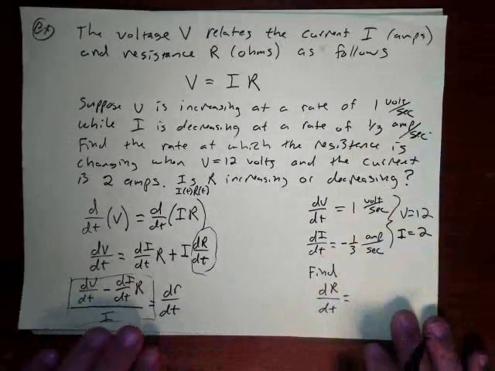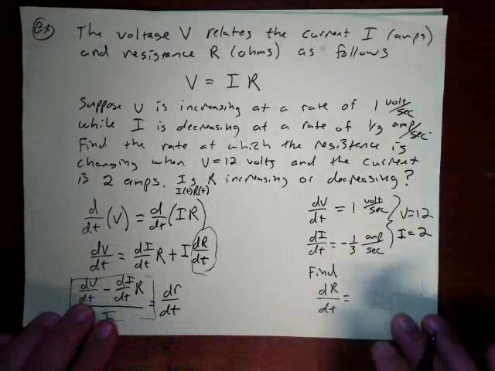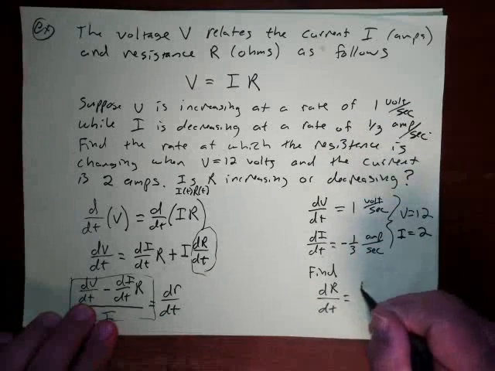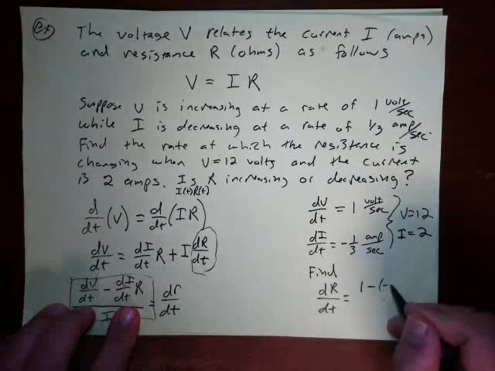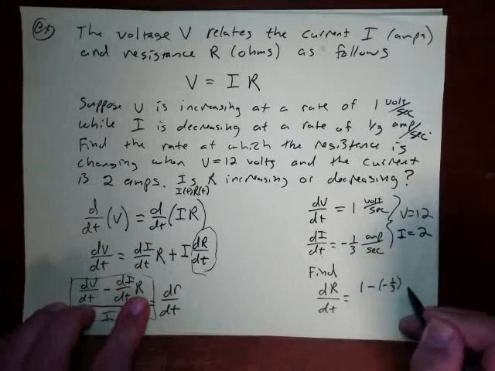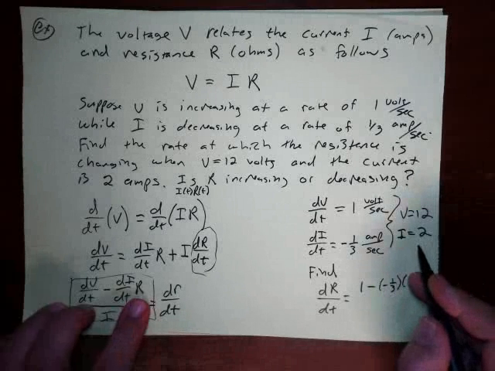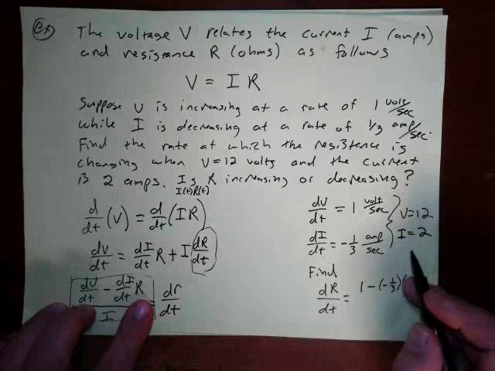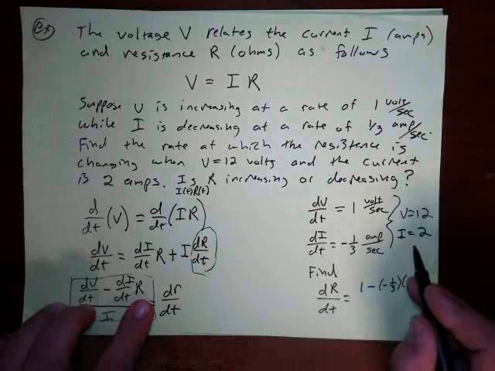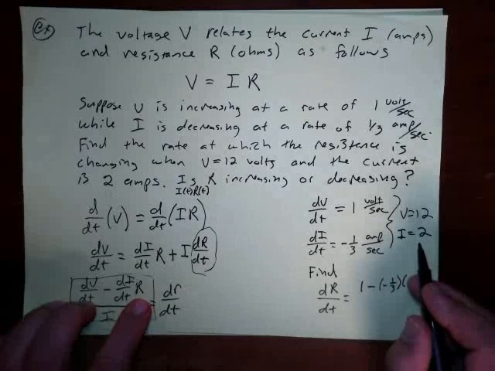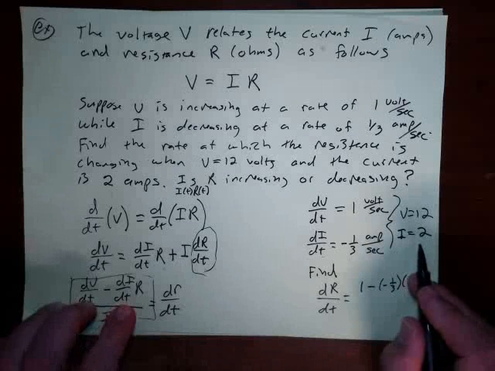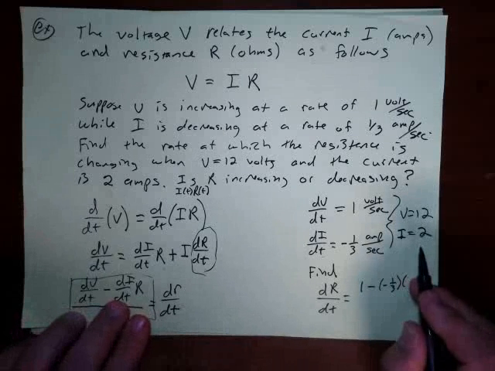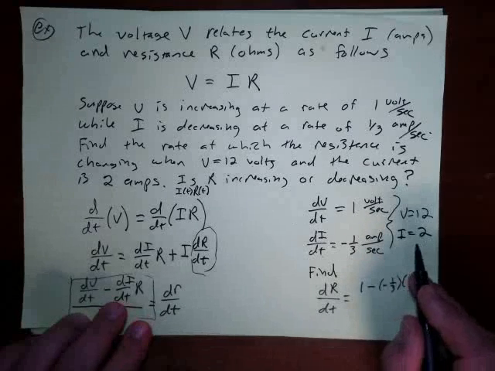So maybe I'll do this over here. dV/dt is 1, minus dI/dt is negative 1/3, times R. Let's see, I'm given that the resistance is changing. Oh, you know what?